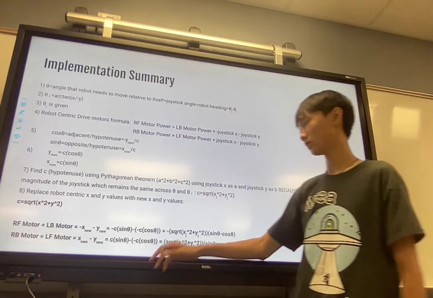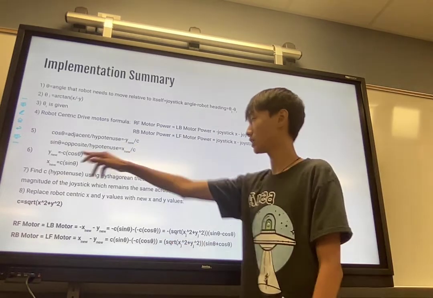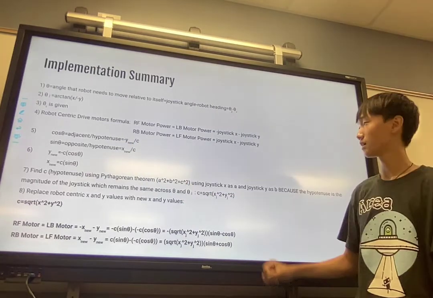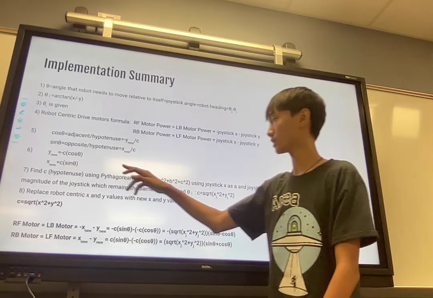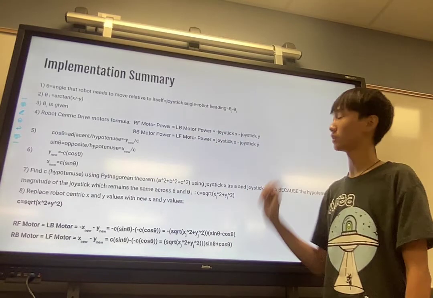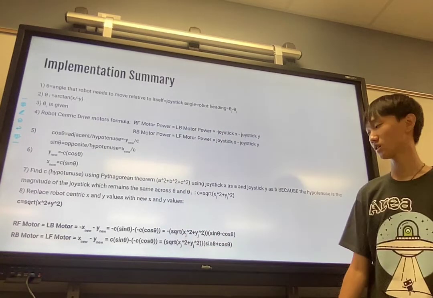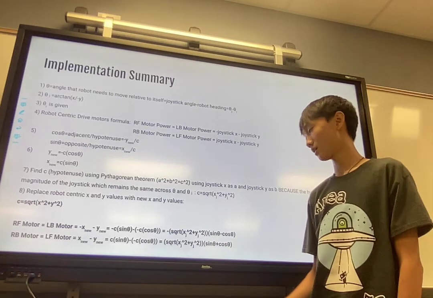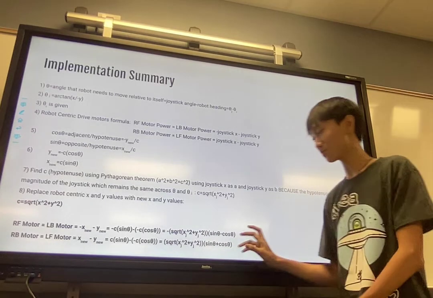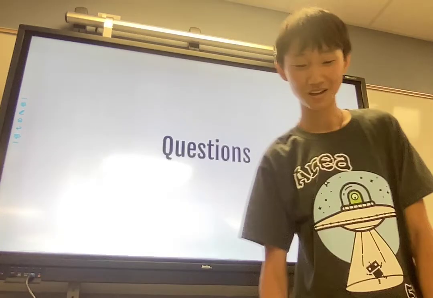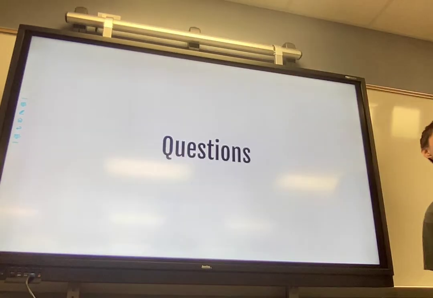And then in the end, we just replace c here with the square root of x squared plus y squared, and we replace this x and y with the x new and y new to get these two final equations. And so you just need to plug these pretty much into the code, and then you'll have field-centric drive. So yeah, that's all I have. Thank you.